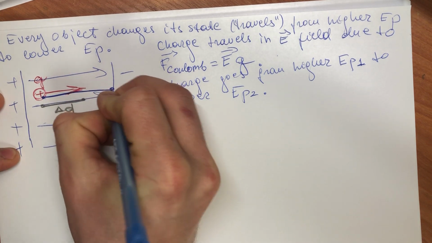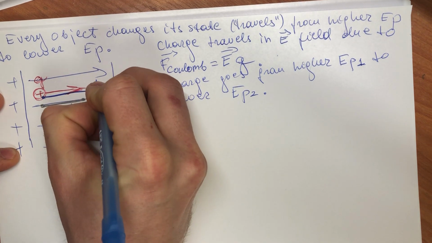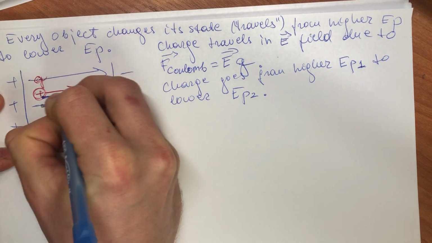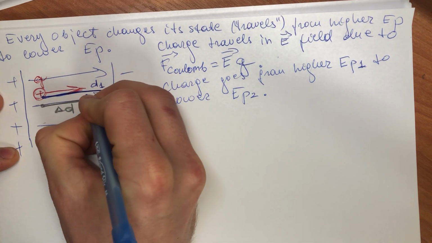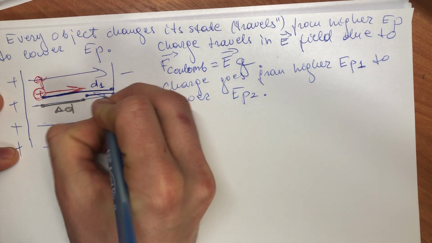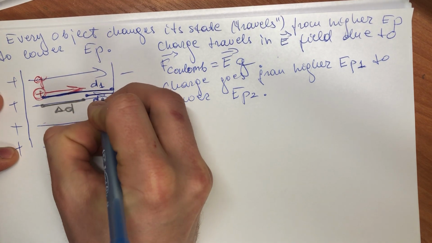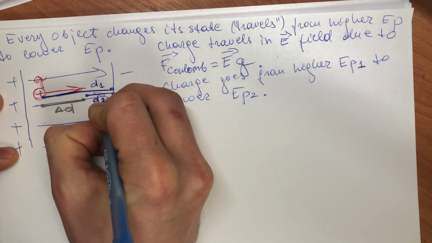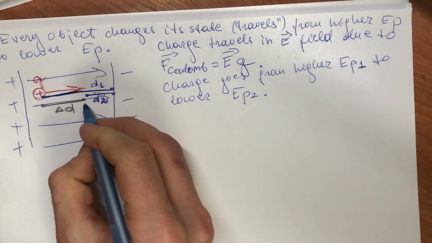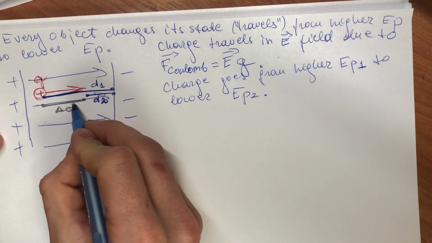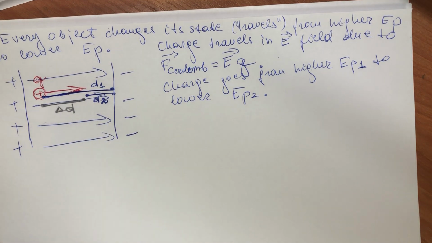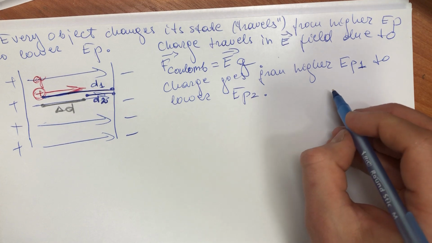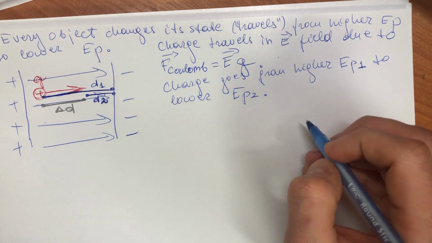This distance would be D1, and this small distance would be D2. So the difference between distances is delta D. The charge goes from EP1 to EP2.